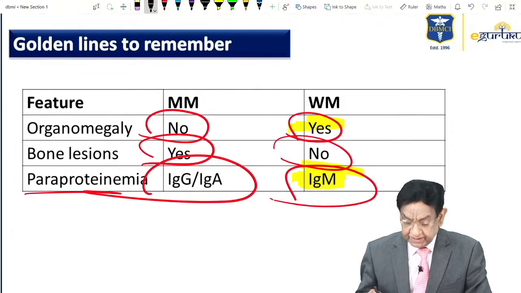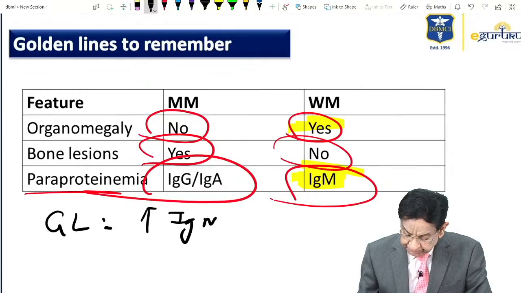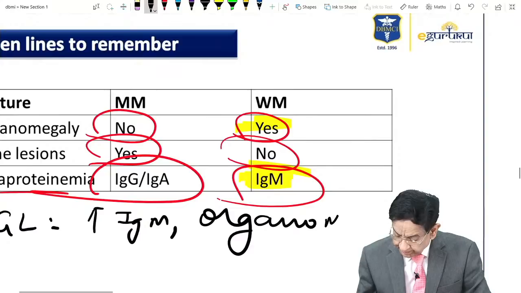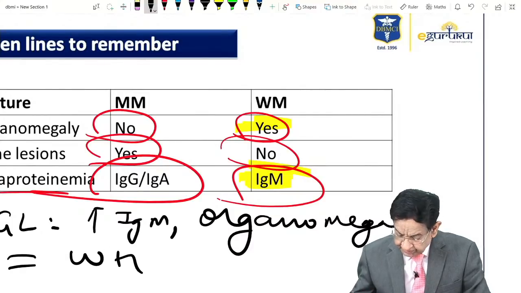Golden line to remember: increased IgM plus organomegaly equals Waldenstrom macroglobulinemia.